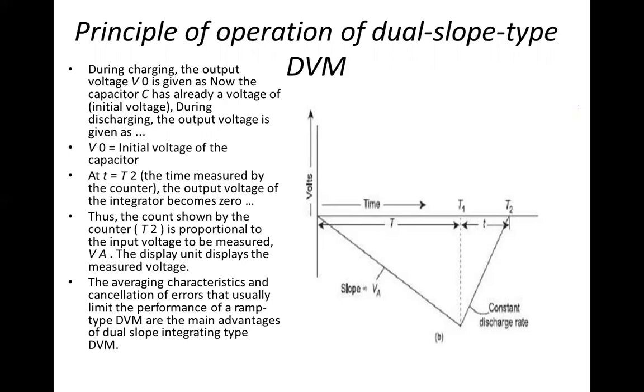Long-term drifts in the time constant, as may result from temperature variations or aging, do not affect conversion accuracy. Also, long-term alterations in clock frequency have no effect. So these are the details about the dual slope type digital voltmeter.